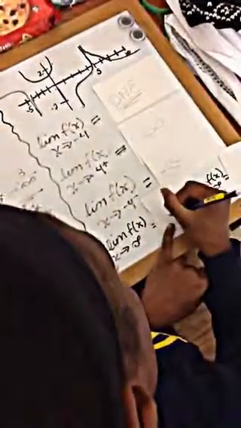It approaches and it's there. And the limit of f of x as x approaches negative infinity, the answer is 2. It approaches and it touches. 2.